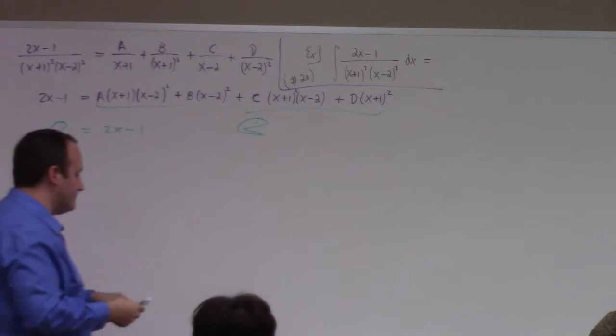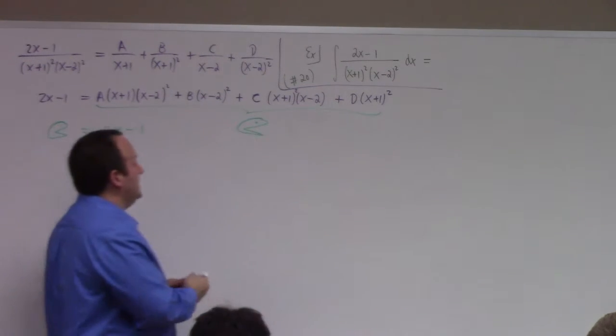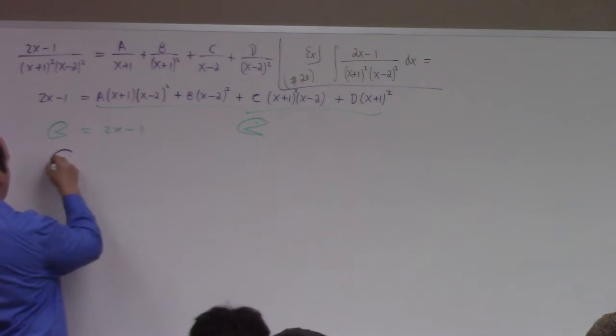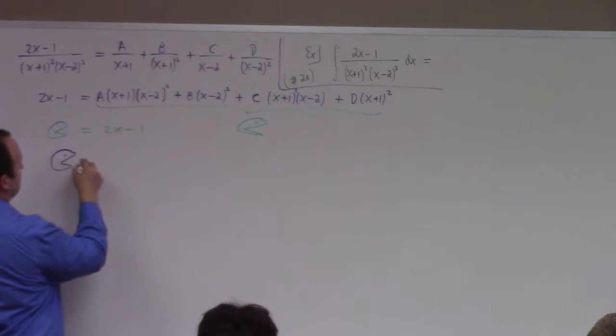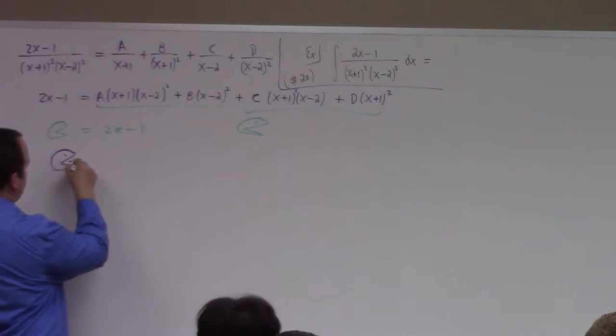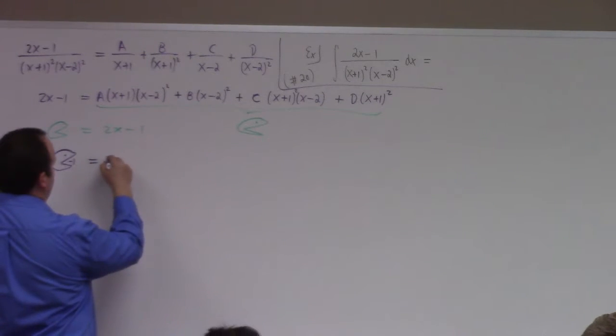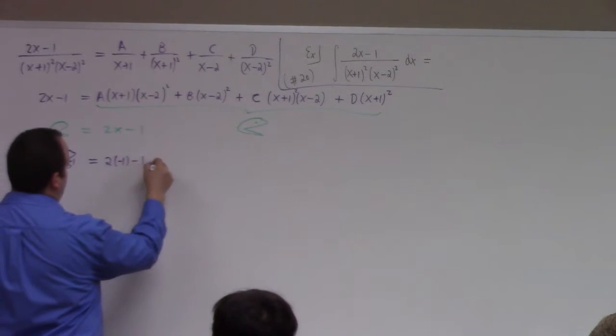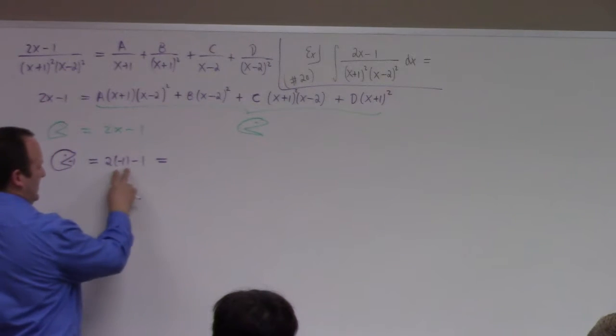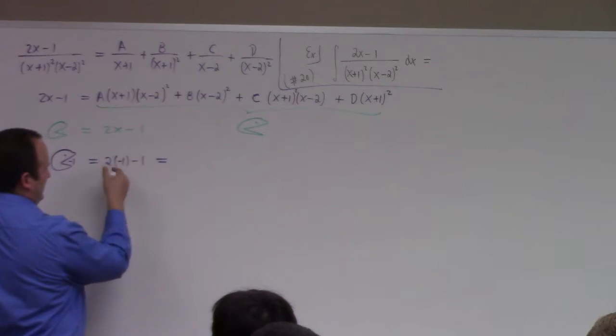So what happens if you feed Pac-Man minus 1? Well, this, of course, is 2 times minus 1 minus 1, right? Let me just simplify that. That's minus 3, right?